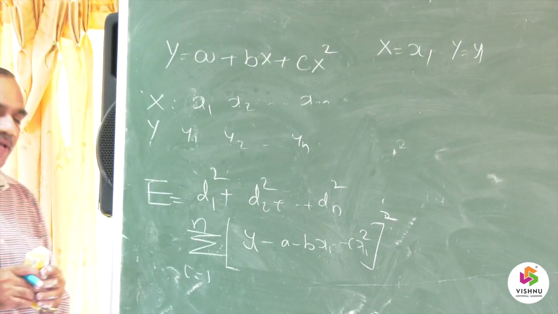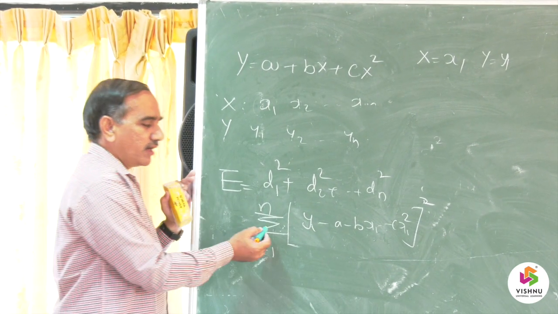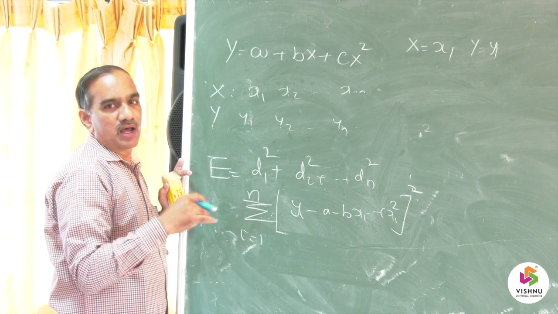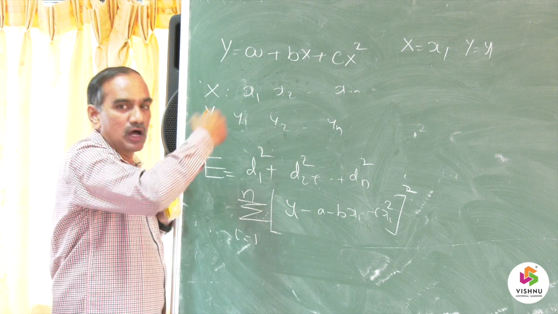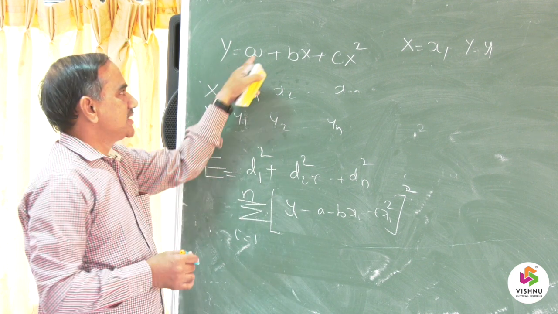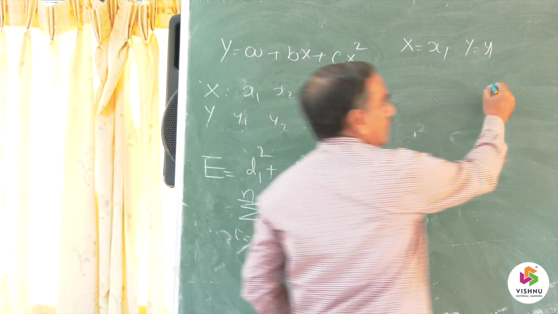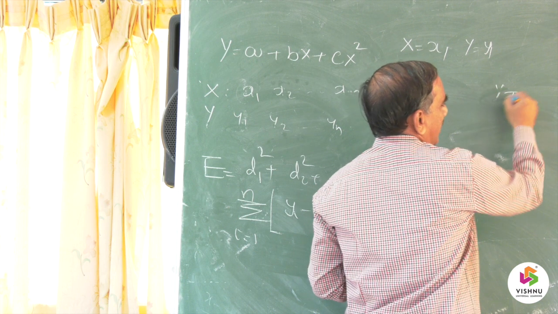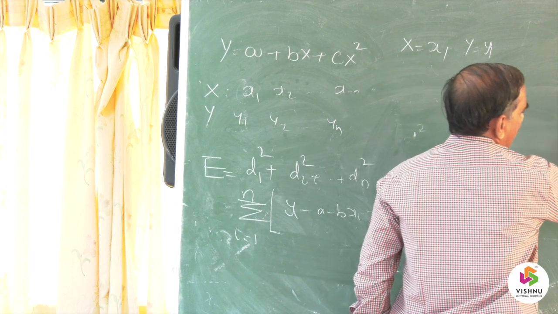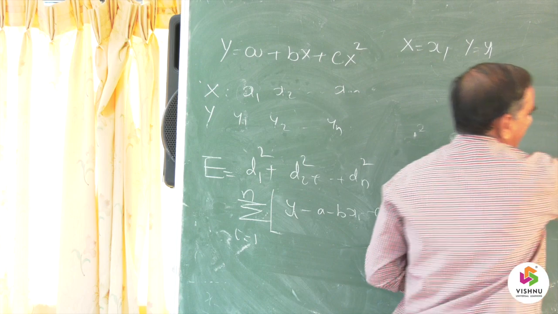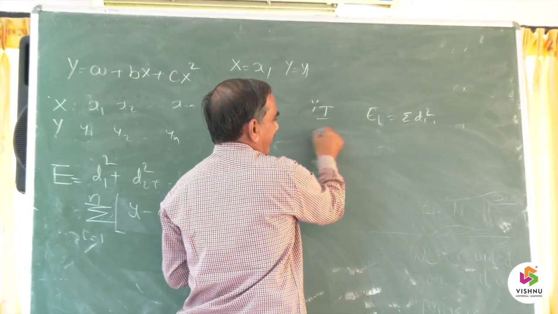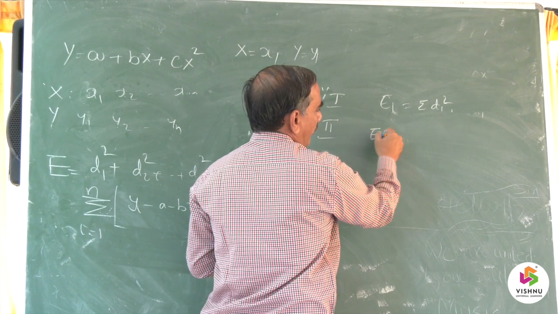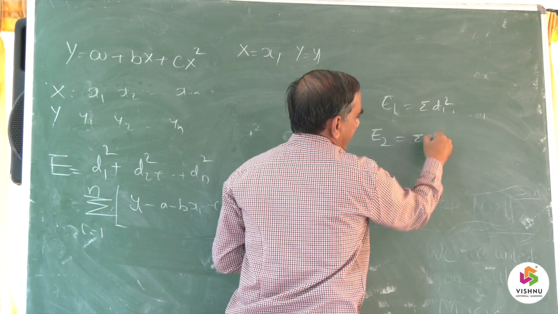Next step is we want to verify whether the total value is small or not. Out of all the curves, for this specific curve we have so-and-so error. For the first curve we have E1 equal to the sum of the errors, sigma di square. If we choose the second curve from the family as the best fit, then again we have to allow some error, sigma di square.